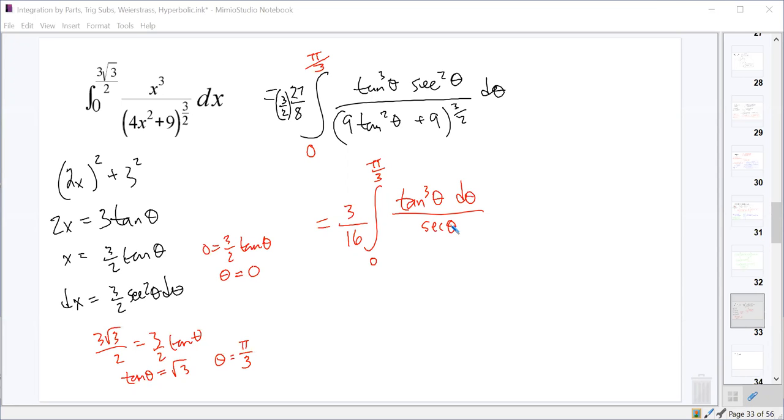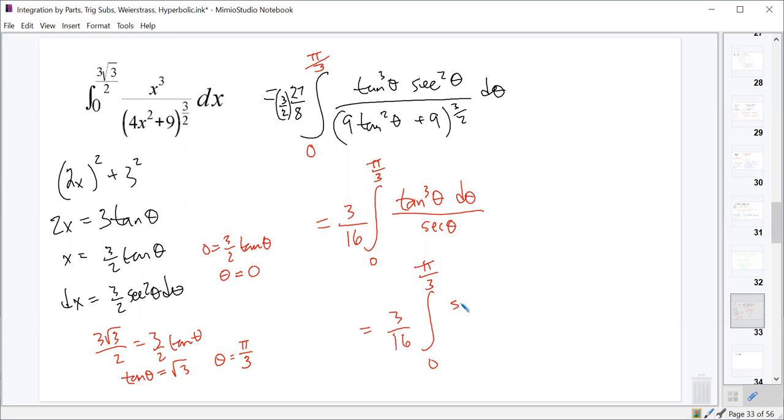Okay. And what do we simplify tangent cubed theta over secant theta into? If we put it into sines and cosines, what does that become? That's sine cubed over cosine cubed divided by 1 over cosine, which ought to be sine cubed over cosine squared.